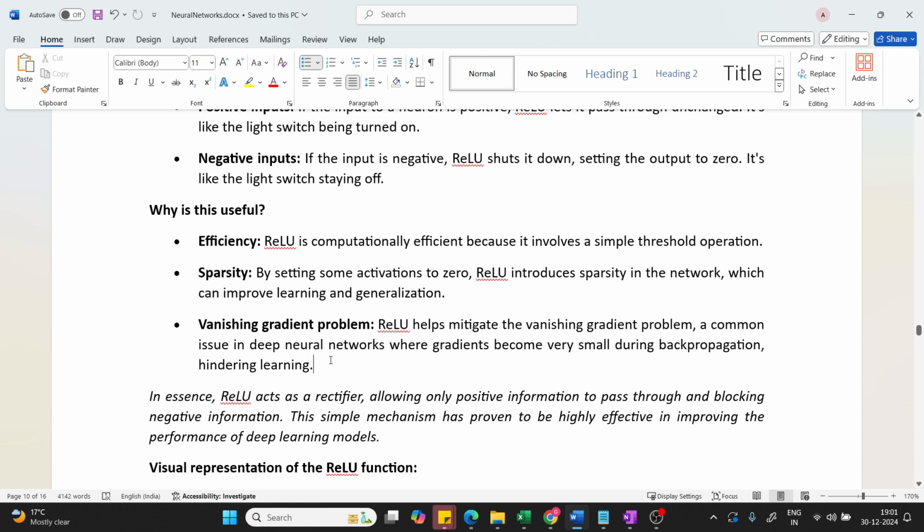And there is another usefulness, which is how it is beneficial over the sigmoid. In the case of sigmoid, you learned that there are vanishing gradients. When you plot the data on a graph, it looks like some kind of curve, and on the curve you need to find out how the data is changing, the rate of change of the data.